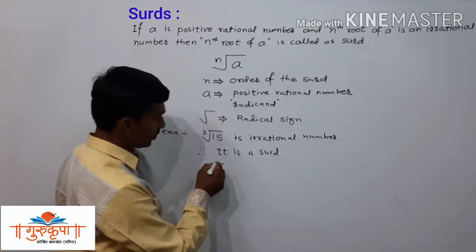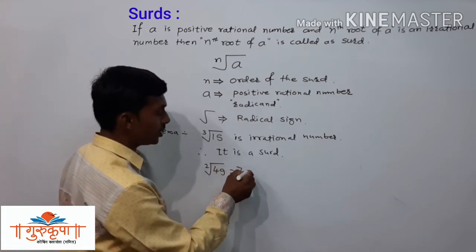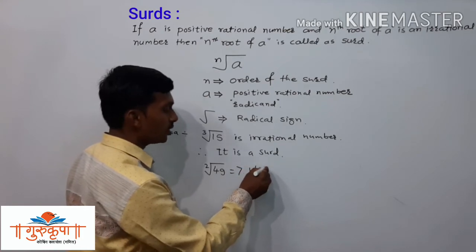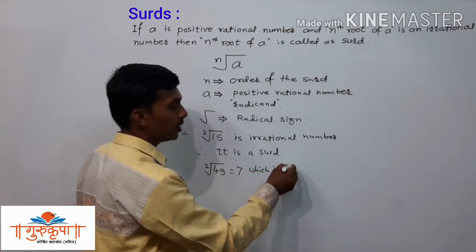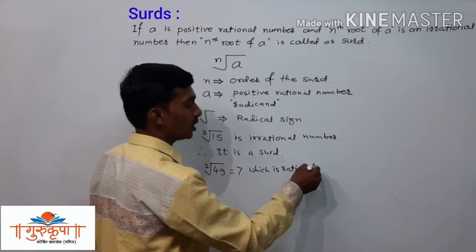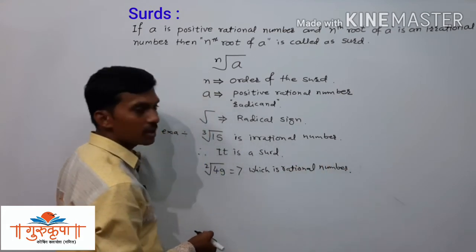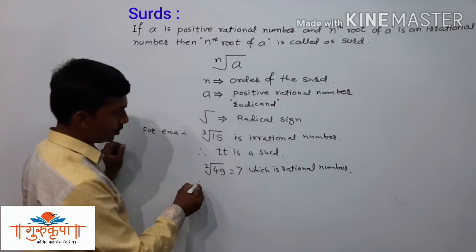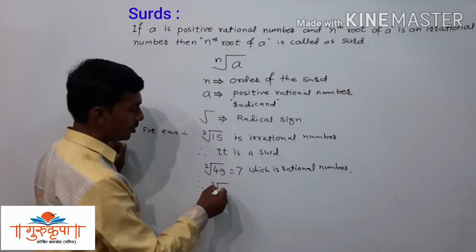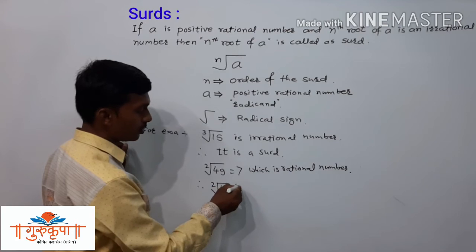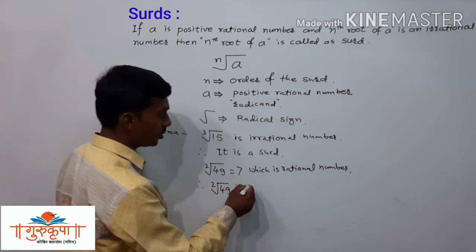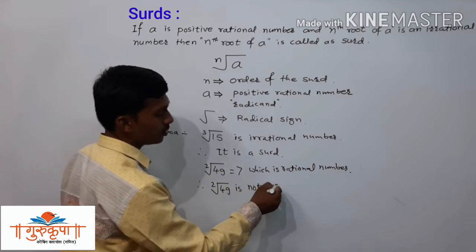Here you can write square root of 49 is equal to 7, which is a rational number. Therefore, square root of 49 is not a surd.